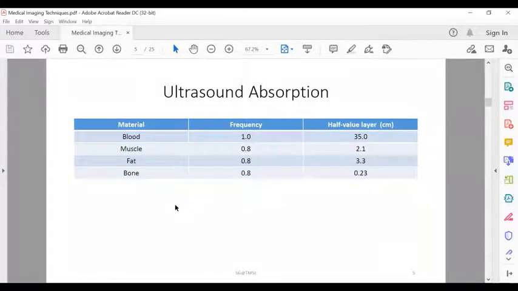The half value layer of the medium is the indicator of absorption capacity of ultrasound energy, and the half value layer of individual materials has been listed over there. This is the ultrasound absorption by different materials like blood, muscle, fat, and bone.